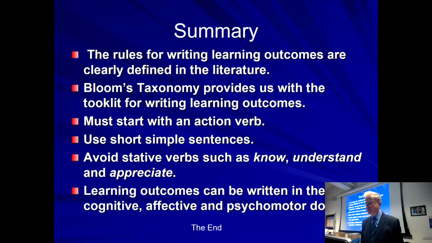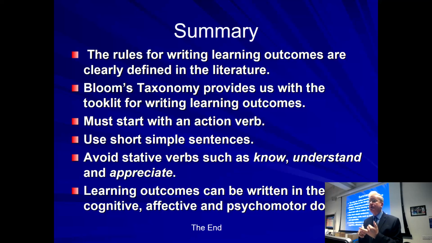So to summarize it, the rules for writing learning outcomes are very clearly defined in the literature. Bloom's taxonomy is the toolkit. Always start a learning outcome with an active verb and use short, simple sentences. If you find the need to write a second sentence, then start a new learning outcome.